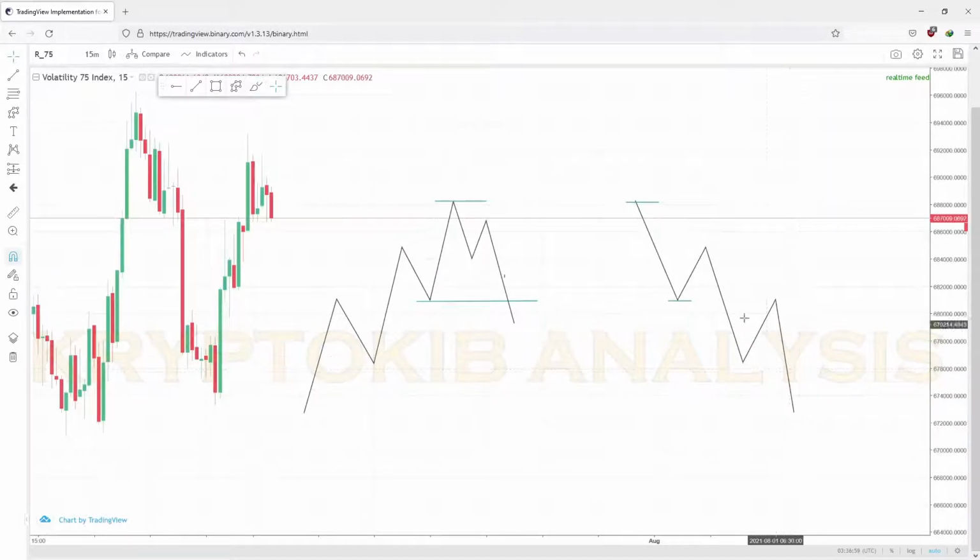The same thing applies for this bearish structure. We have this lower high leading to these lower lows.